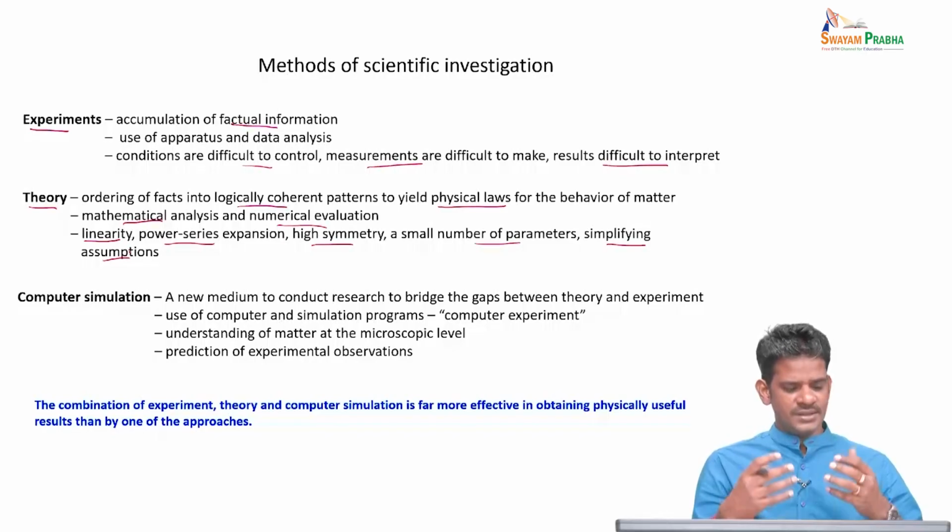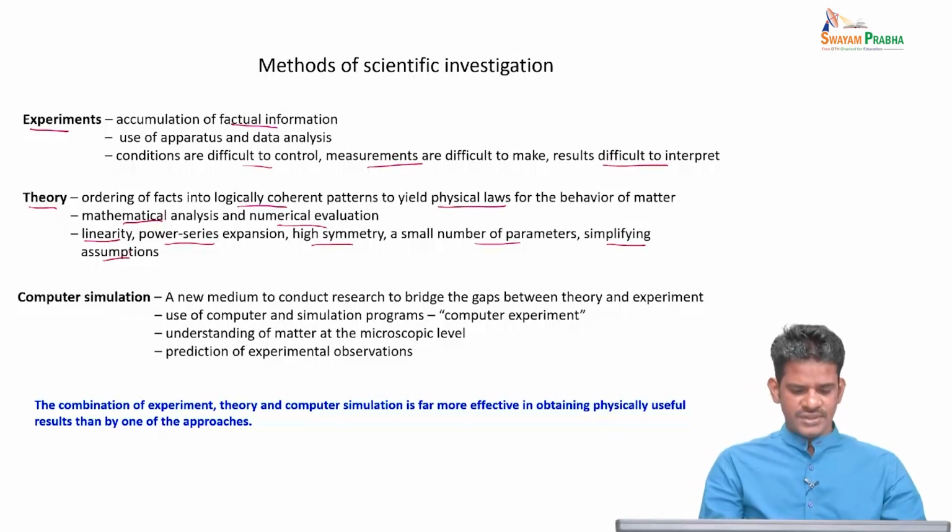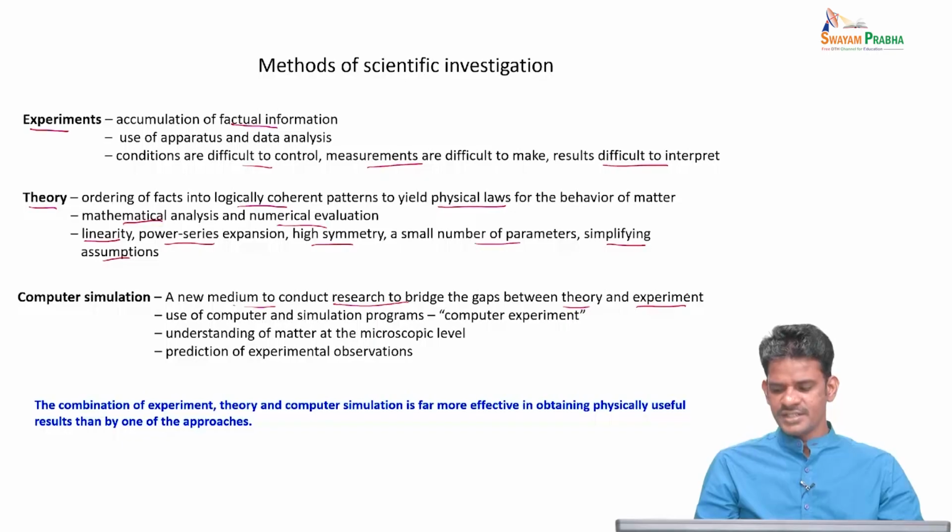So now, computer simulations have become yet another way of doing scientific investigation, because in this case, we make use of computers and simulation programs to investigate a system. This has become a medium of research to bridge the gap between theory and experiment.